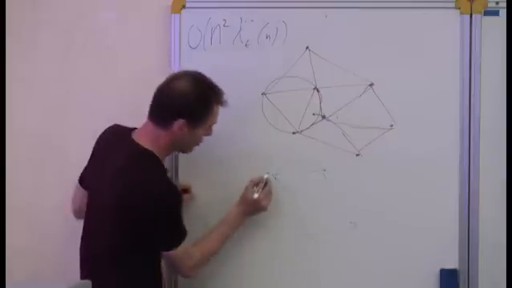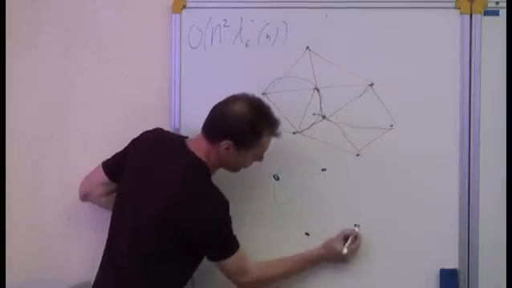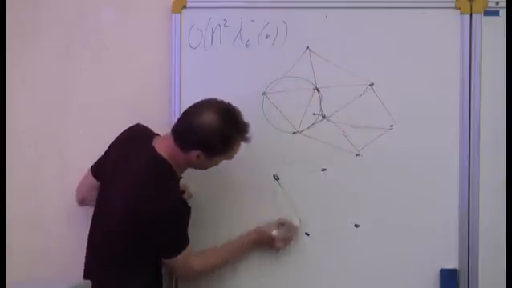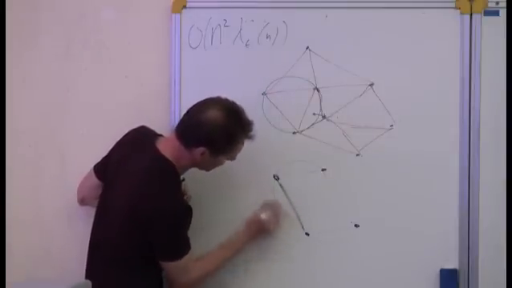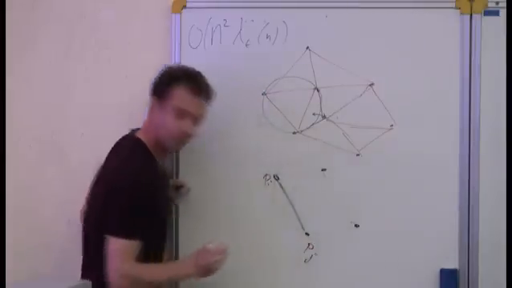In my picture here, I have 4 points: 1, 2, 3, 4. Let's say I fix these 2 points, so this is some fixed pi, pj.